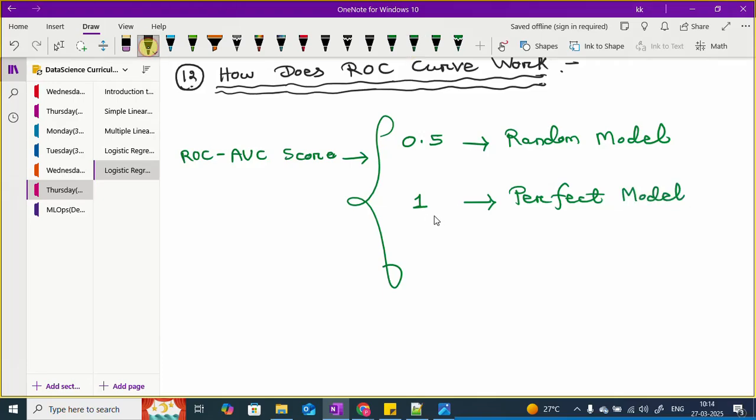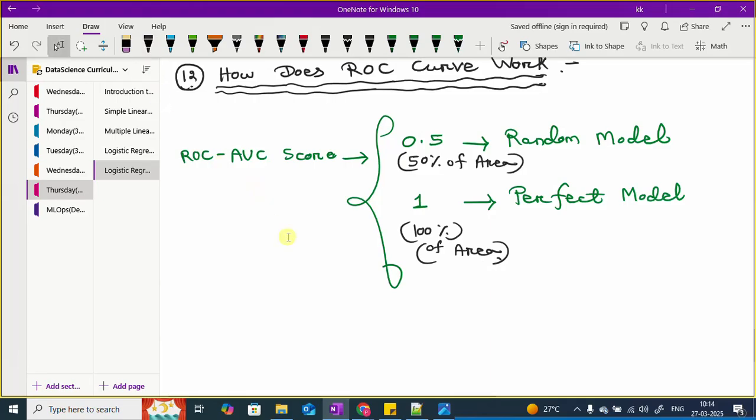So 1 means basically I can say 100% coverage. 0.5 means 50% of area. This is 100% of area. Clear? Now, based upon this value, I will decide whether it is a perfect model or a random model.